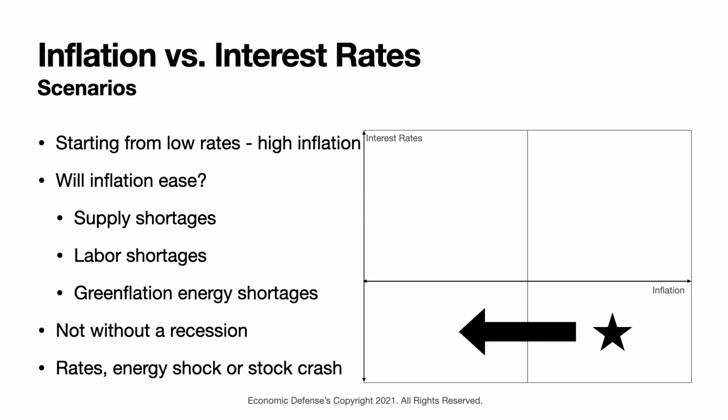And one of the questions that comes to mind is whether inflation can just ease by itself, meaning the left arrow, that we can move from high inflation, low interest rate directly into low inflation, low interest rate.